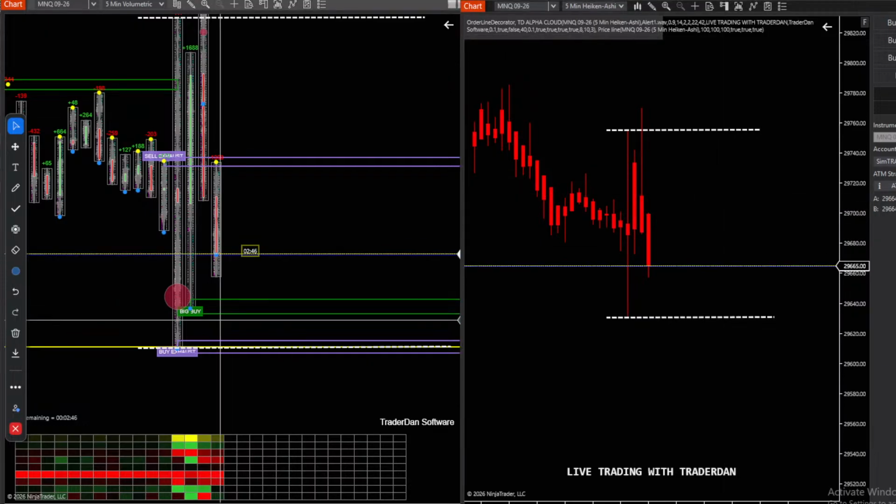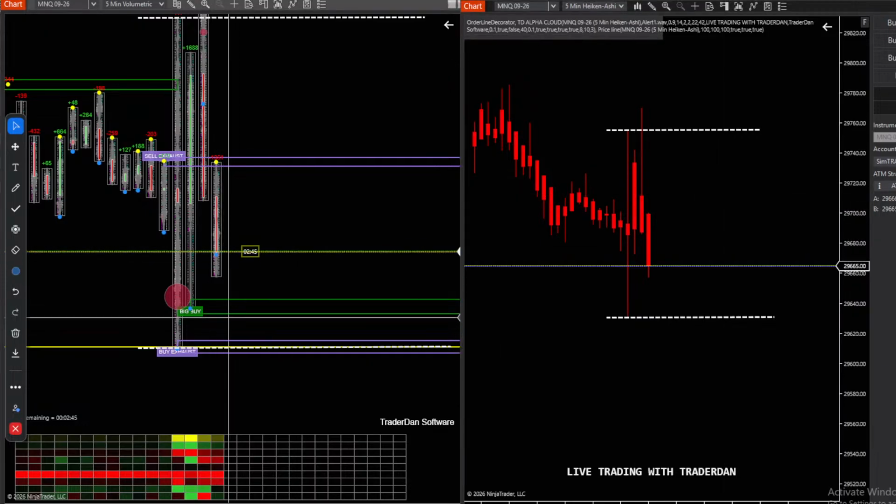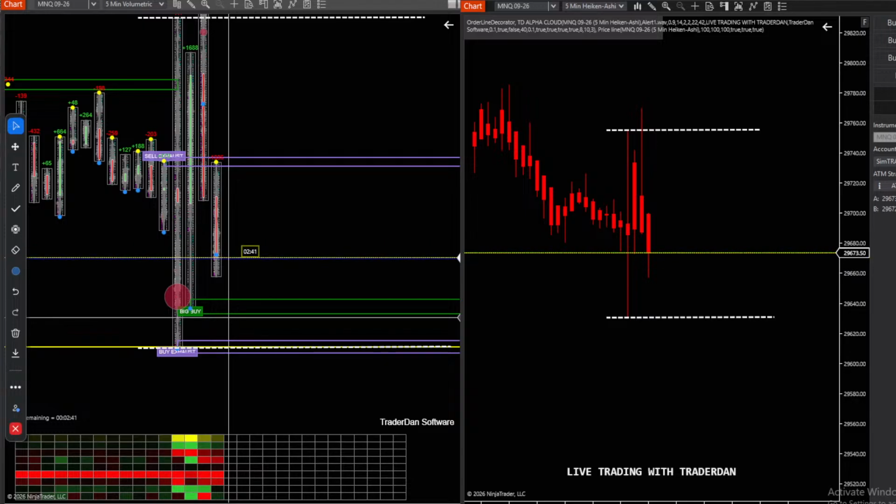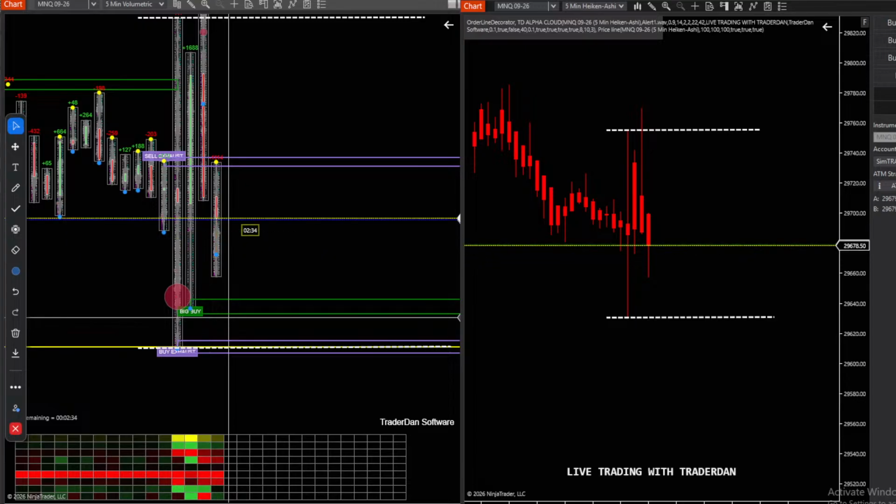Let's see. We're trying to get down into this block. Do we retest and go long? Do they break through it and take the buyers out? Your guess is as good as mine, but we're watching it in real time. So let's see what this do here.